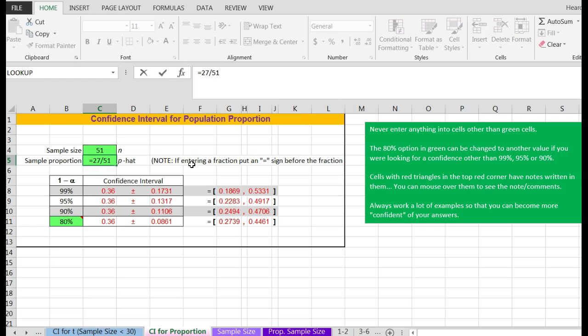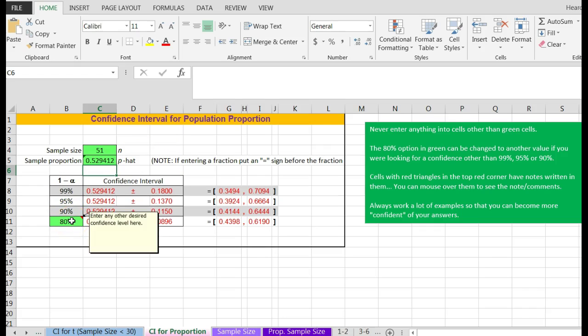When you enter a fraction, you can easily do that by just saying equals and then the fraction. In my case, 27 over 51. Hit the enter key. Now, it gives me the 99, the 95, the 90, the 80, and at the 80 there, I could change that.